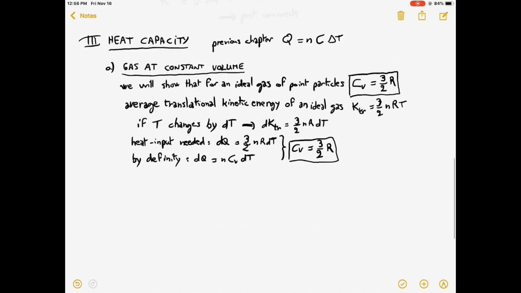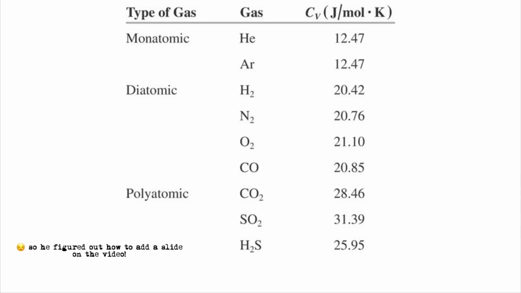And so we can do the numerical application. If CV is 3/2 R, that is equal to 12.47 joules per mole per Kelvin. Now we can look at this table of molar heat capacity of several gases, and you can see that for monoatomic gases like helium and argon, we have exactly this 12.47 joules per mole per Kelvin.